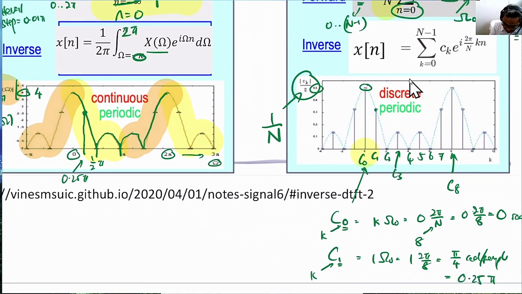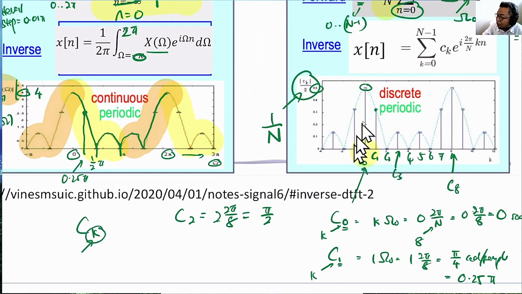And now let's look at C2. C2 is equal to 2 times 2 pi over 8, which is pi over 2. Pi over 2 lands exactly at the null. So this C2 is at the null. So now we can interpret what c_k means. Here, c_k is the Fourier coefficient at the k omega naught frequency. Again, c_k is a complex number, very much the same as X of omega.